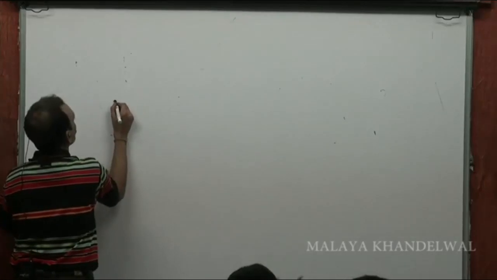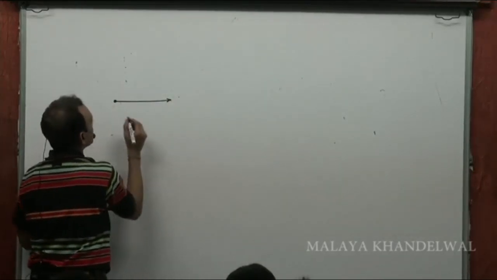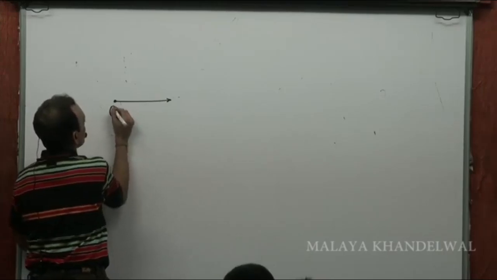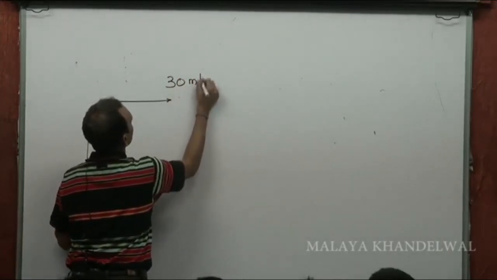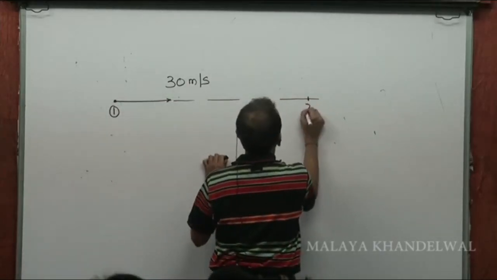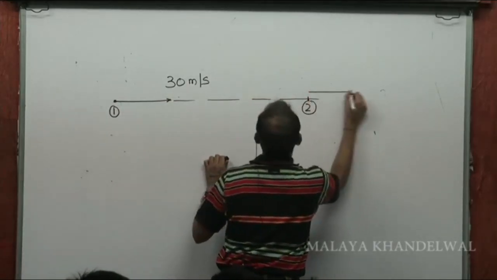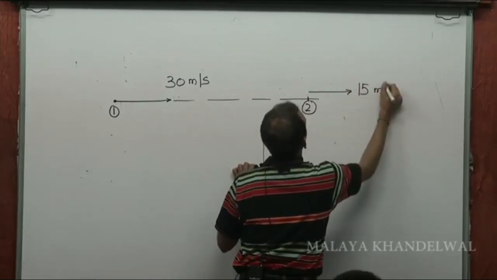Say this particle moves to the right. Let's say particle 1 moves to the right with a velocity of 30 meters per second. This particle 2 moves to the right with a velocity of 15 meters per second.